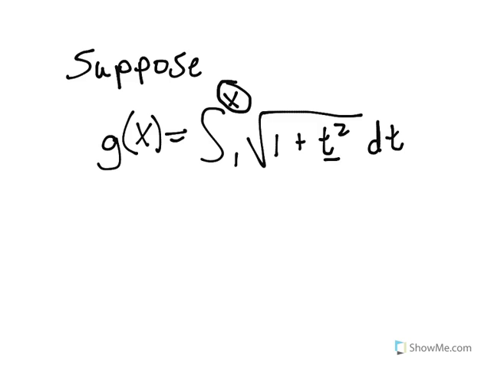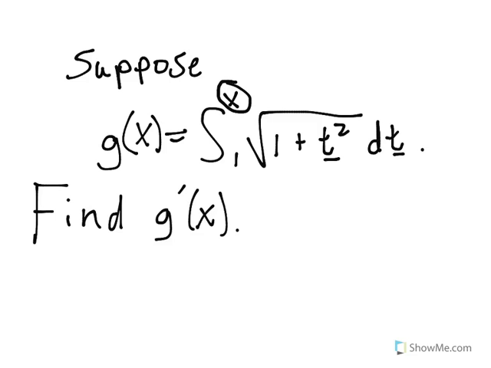We used a different variable inside, we used a t inside. And what we said is that if you find the derivative of g, the derivative and the integral should sort of cancel each other out, and you get f of x. Now notice it didn't say that you get f of t, it said you get f of x. So this is a function that we're starting with. The directions on this specific problem will say something like this: find g prime of x.